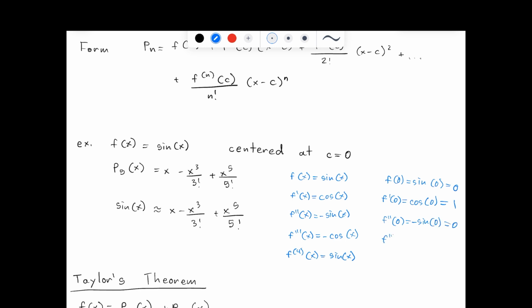Third derivative, evaluated at 0, is going to be negative cosine of 0, that's negative 1. And finally, the fourth derivative, evaluated at 0, is going to be sine of 0, and we saw that is again 0.